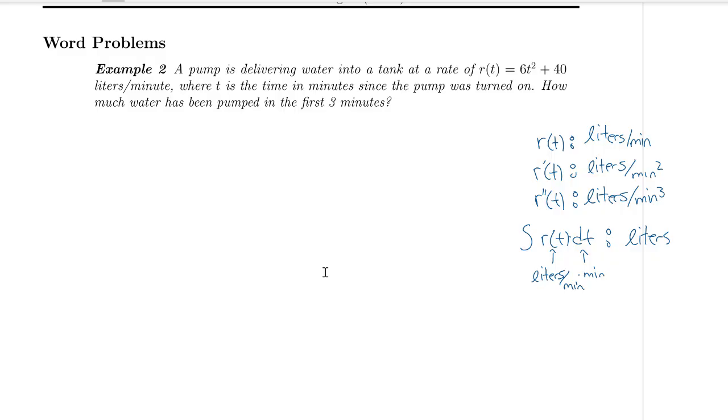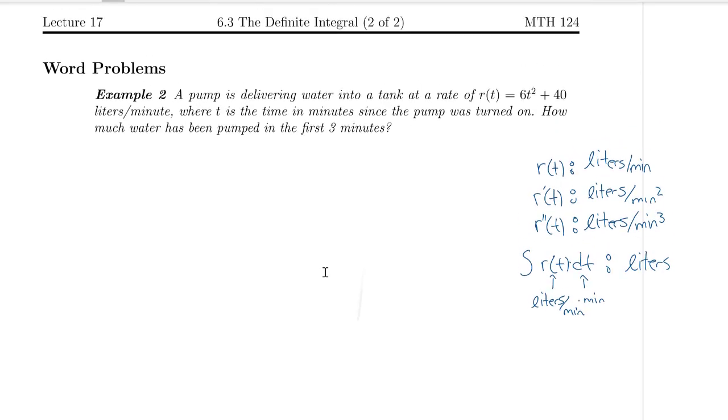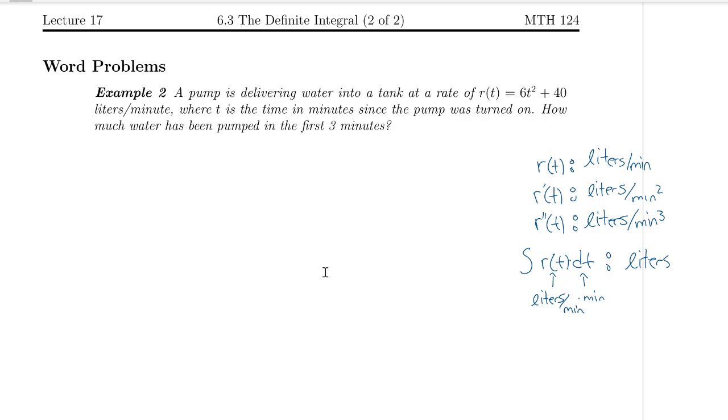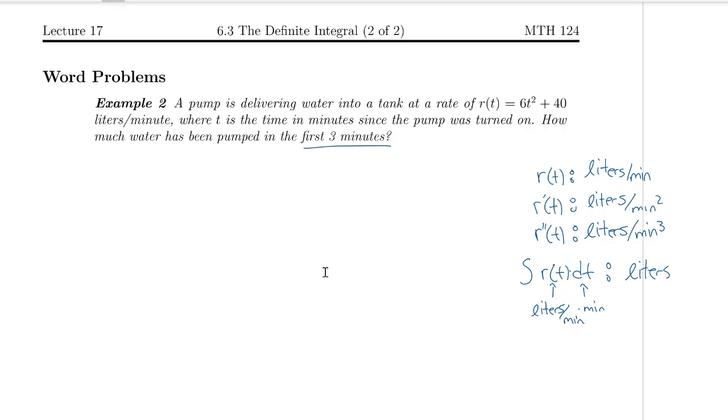So the area under this curve will represent a change in water, how much water has been pumped over a time period, provided that we choose certain fixed limits of integration. And so the first 3 minutes means we're going to integrate from 0 to 3. The hard part of this problem is not calculating it, because our calculators will do this for us, but to know how to set this up and be confident that this is the correct approach.